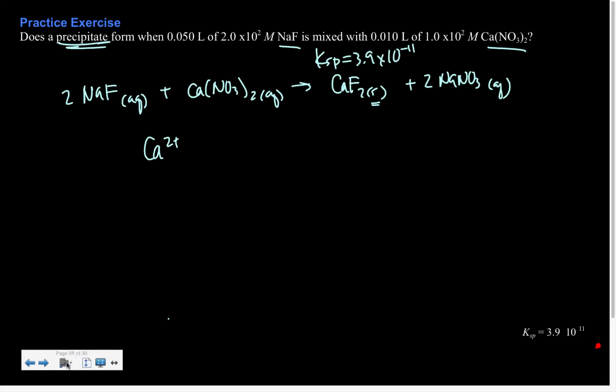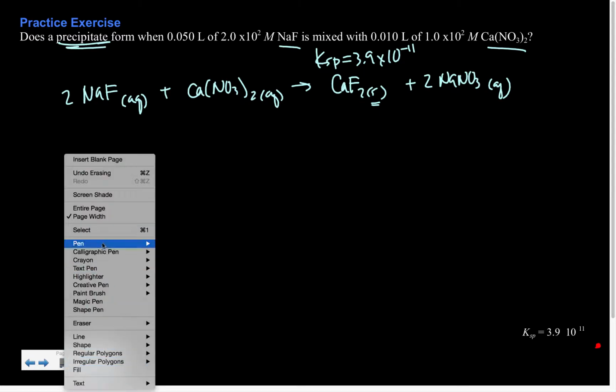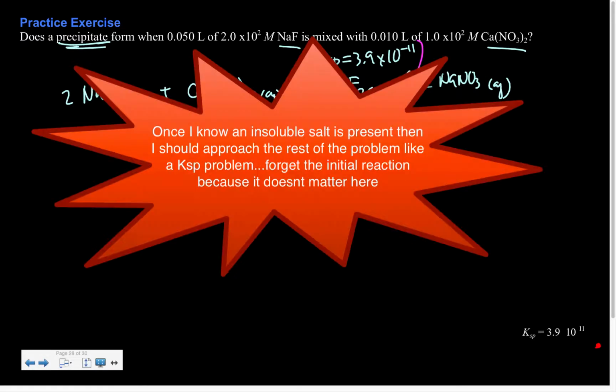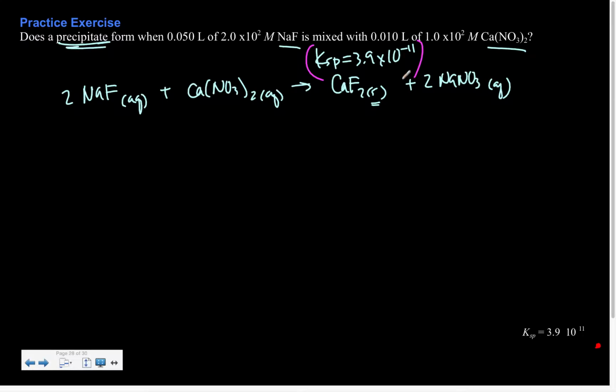So here now, we have a couple of things at play. Things to think about. We have this reaction happening, and we form some calcium fluoride, and we know this KSP value. Now here, really important, if I want to talk about KSP, and I want to talk about if a precipitate forms, then I think it's really helpful to go ahead and write the equation that corresponds to your KSP.